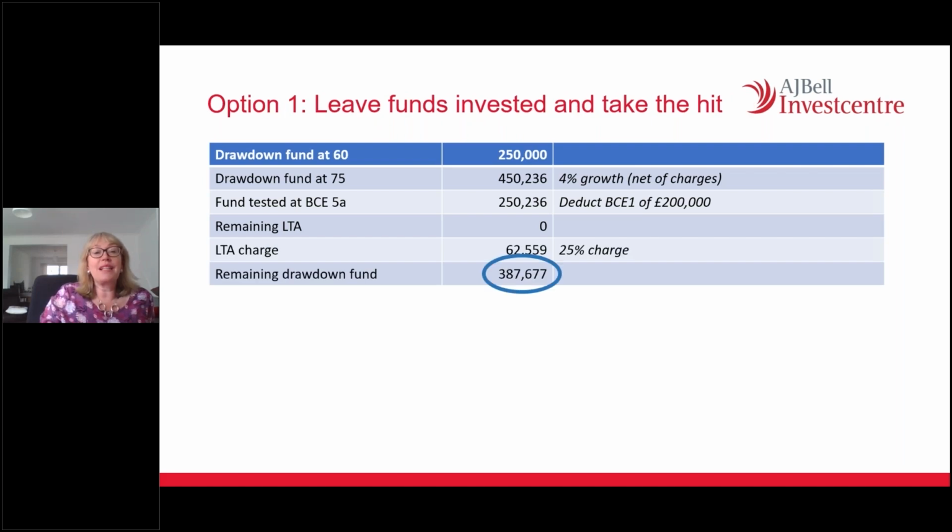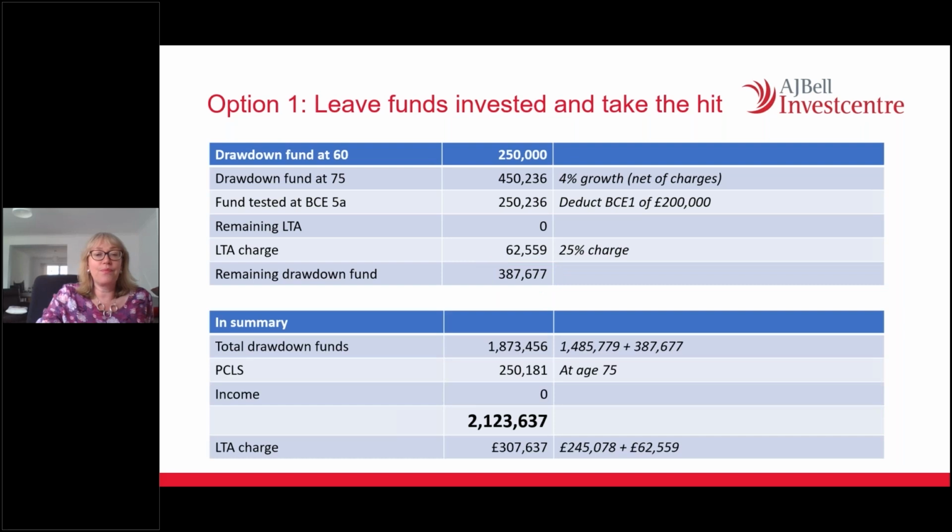So his lifetime allowance charge is going to be 62,000, and that gives him 387,000 in his drawdown funds. So in summary, he's got 1.8 million drawdown, 250,000 cash, add them together gets you to £2,123,000. So that's leaving his funds invested, not doing anything with them, sorting it all out at age 75.